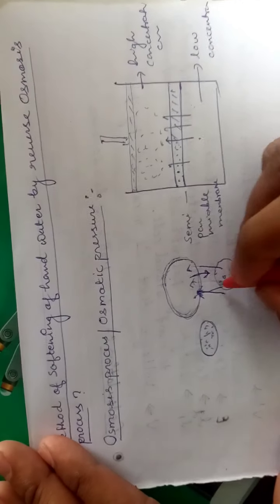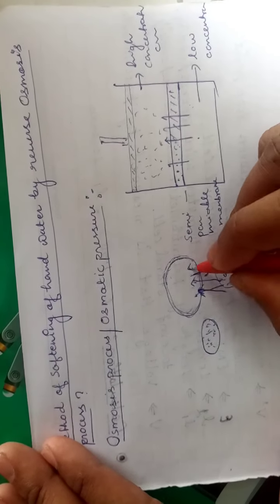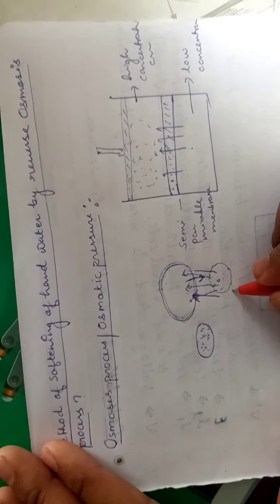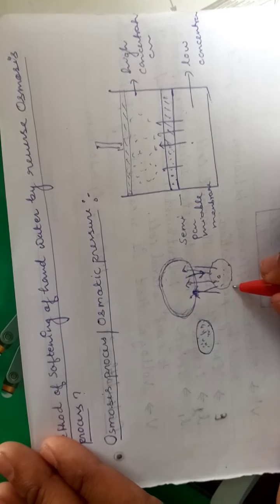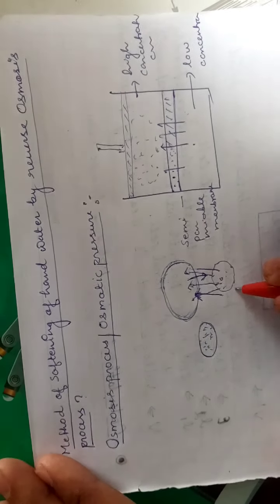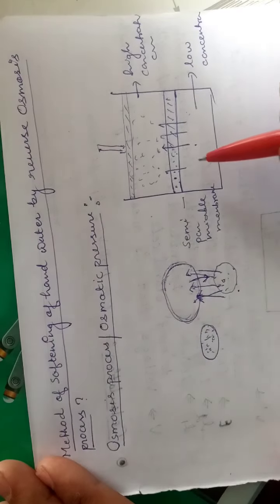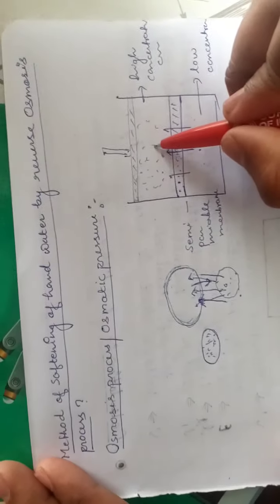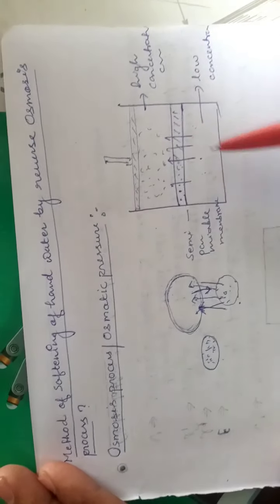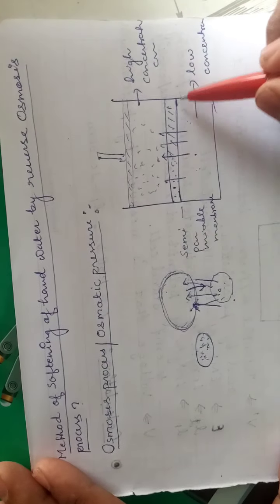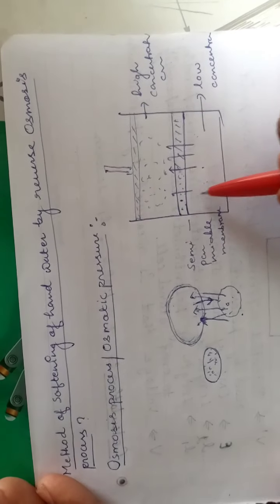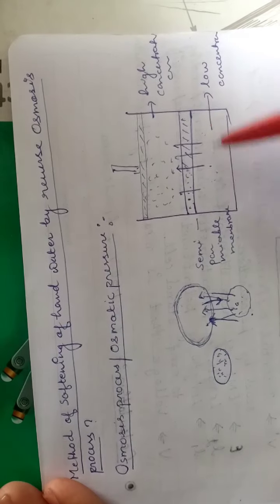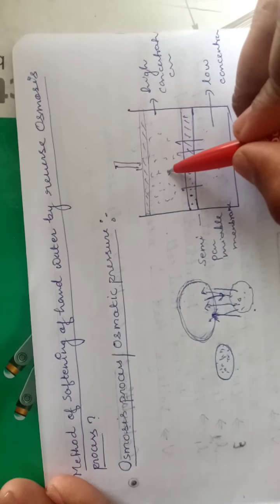You also see many examples of this type in your life. And now I will discuss what the reverse osmotic process is. Basically you can write: when two liquids, one with low concentration and the second with high concentration, are separated by a semi-permeable membrane, the liquid has the tendency to move from low concentration towards high concentration.